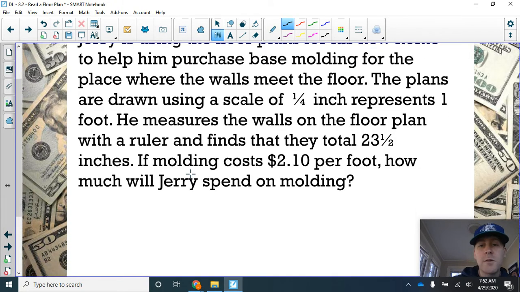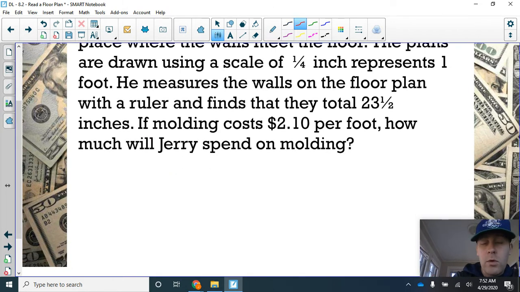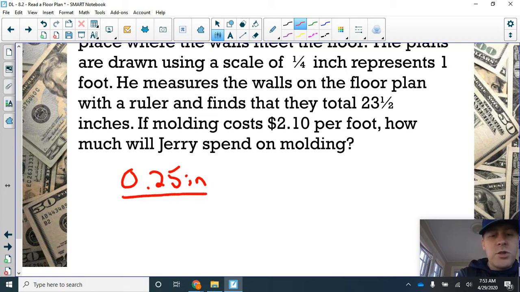The first fraction we write down is the one that represents our scale. 1/4 inch, which I'm going to write as a decimal, 0.25 inches, represents 1 foot in real life. So we say 0.25 inches to 1 foot.